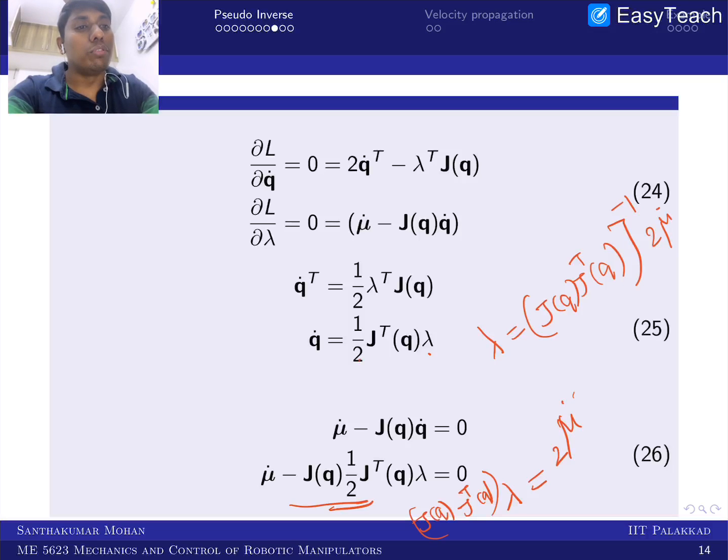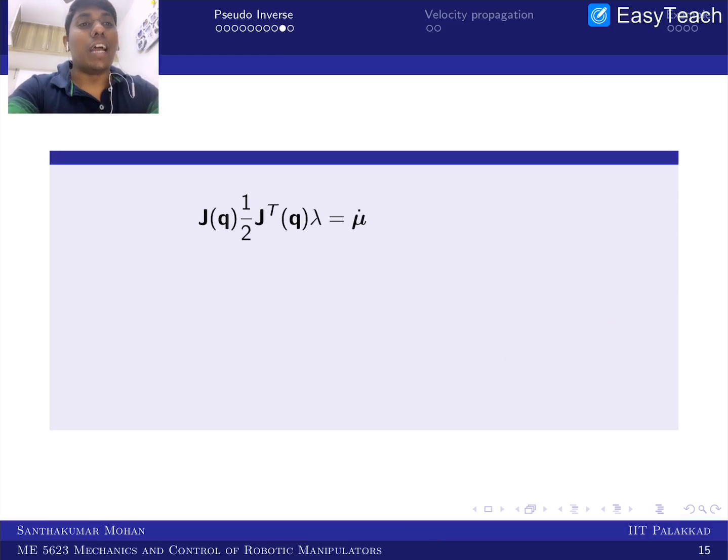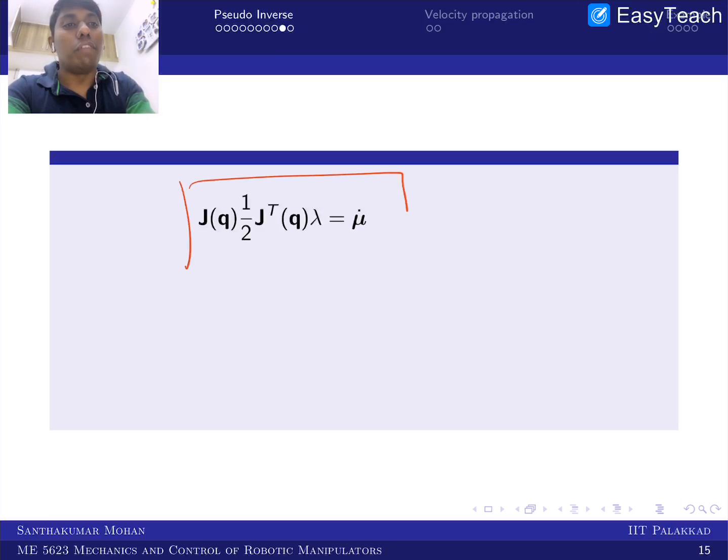So this 2 goes. So q dot is J transpose of q into J of q into J transpose of q whole inverse. So you can see that this is a right inverse, and you have mu dot in that case. This is what we call an under-specified situation.